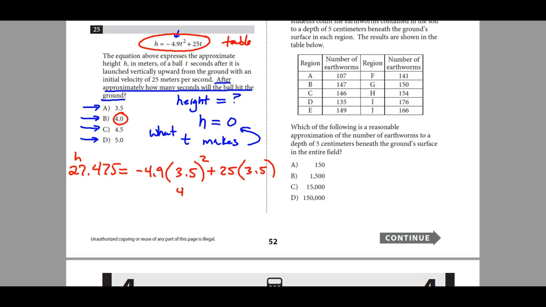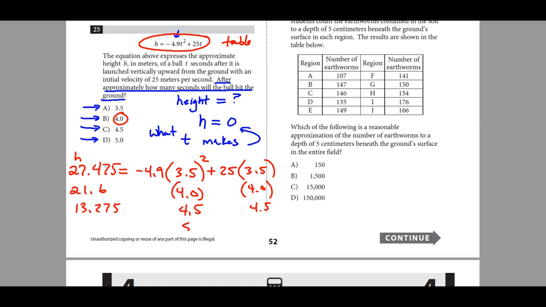If you punch in 4.0 in these two spots, you end up with a height of 21.6, so the ball's coming back down. If you do 4.5 seconds, you end up with 13.275.